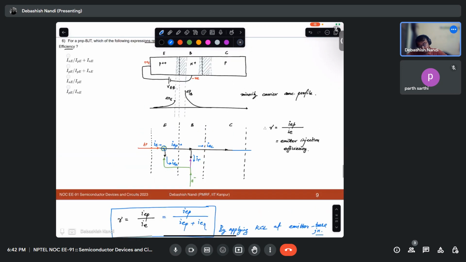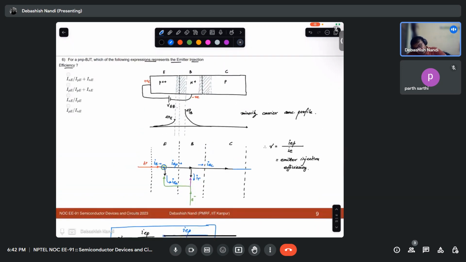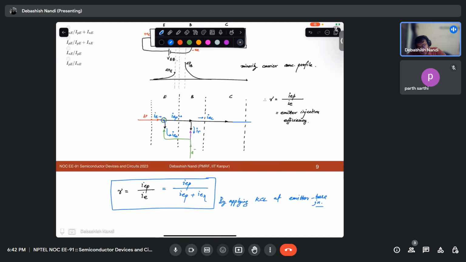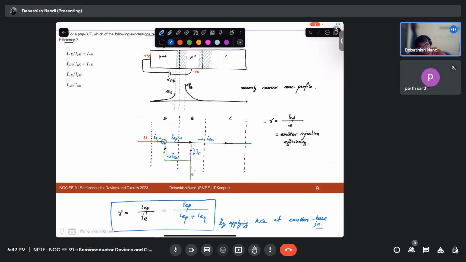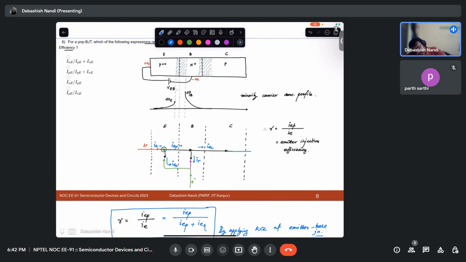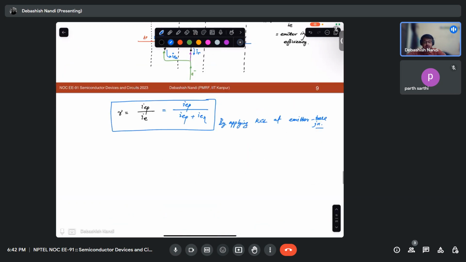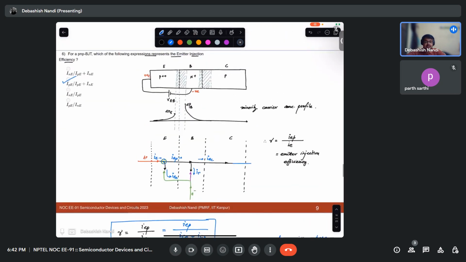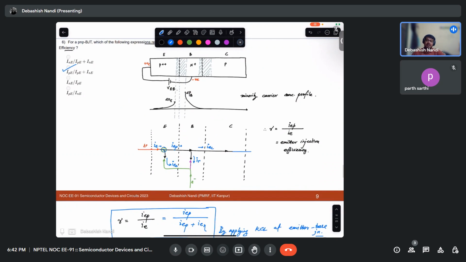So your emitter junction efficiency would be IPE over IPE plus INE, right? Sometimes they use different terminology. This part we have discussed earlier in another lecture, so for more detail you can refer there.